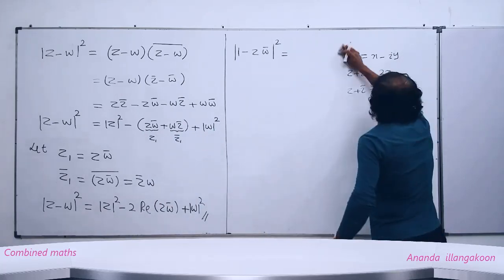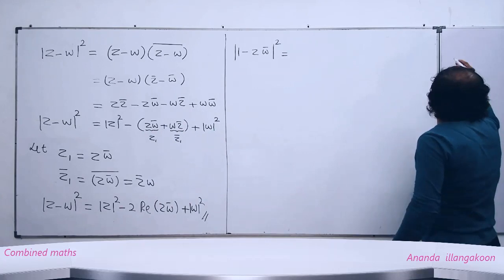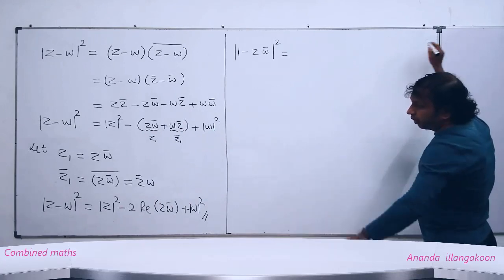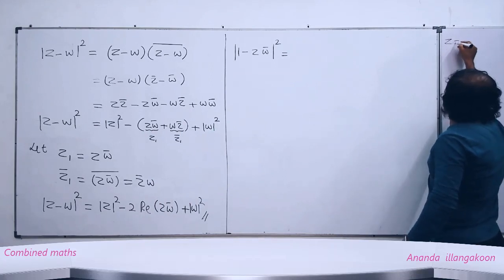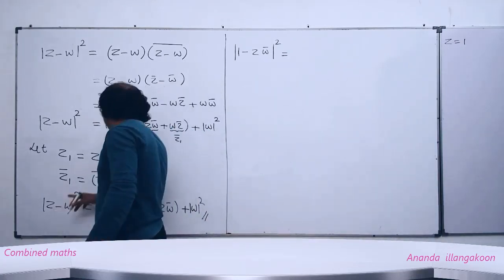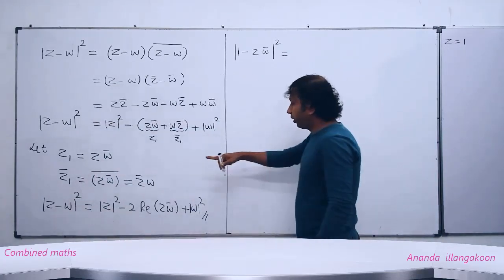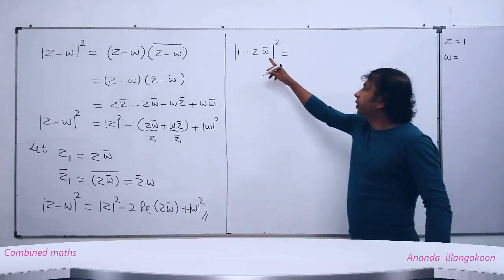As in this simplified expression, we take that Z as 1 here. So dash 1. This Z I take as this one, and that W I take here as W bar.